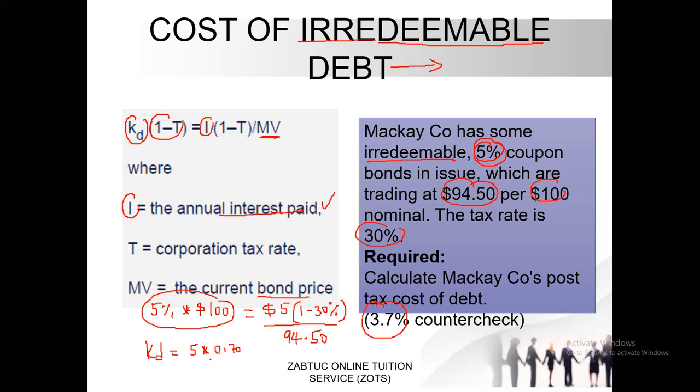It's correct. Okay, fine. So that is how we calculate the cost of the bond which is irredeemable. The good news is that at your level, don't expect such a question.